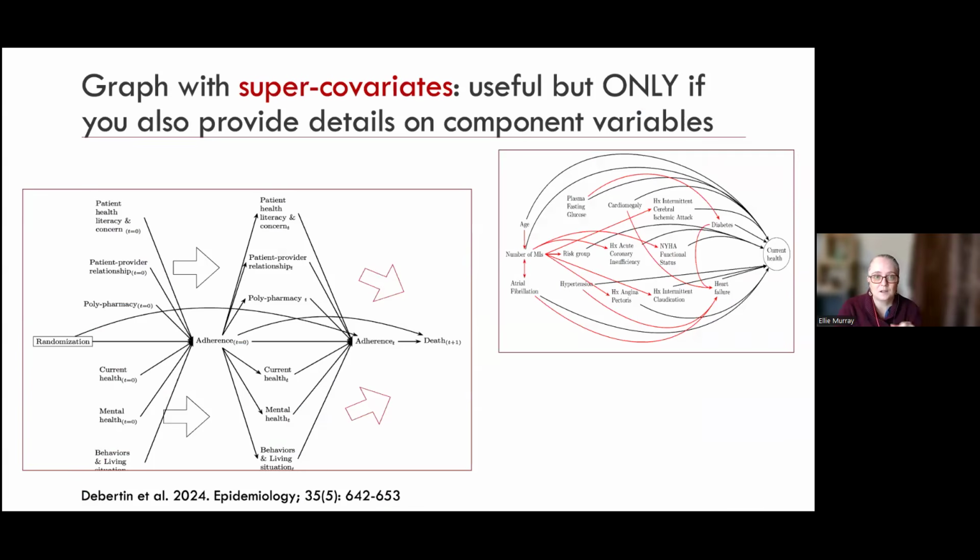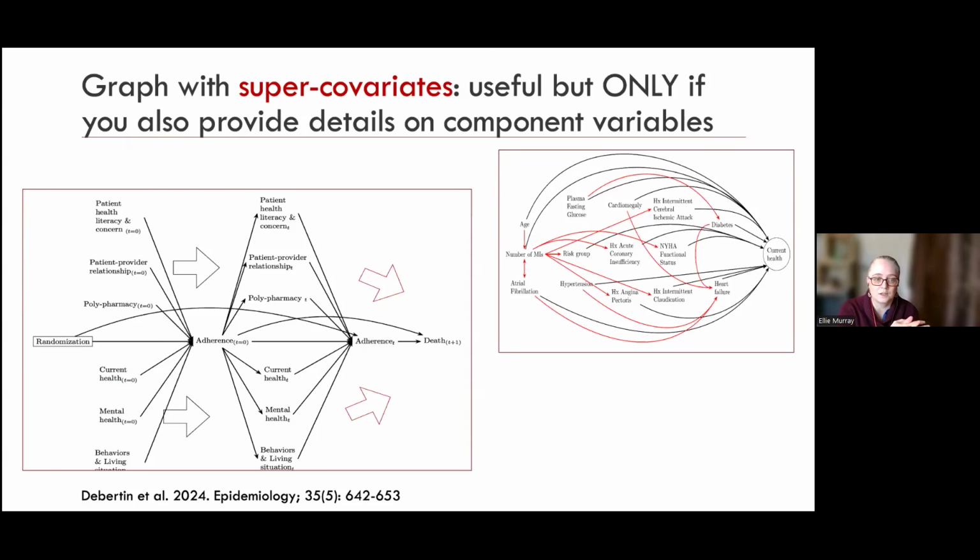And then the last thing that we found is useful is these supercovariates can be useful, but if you're going to make a supercovariate like current health status, you should also present some kind of summary, either text-based tables or graphical, that shows the relationship between the various different pieces within that supercovariate.